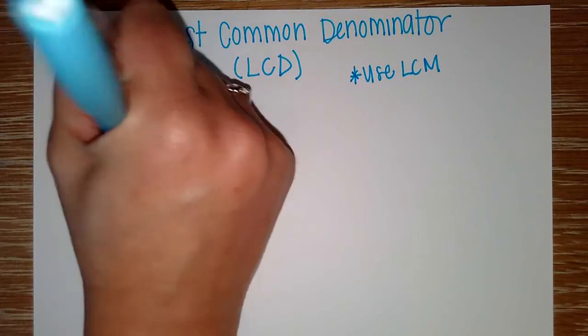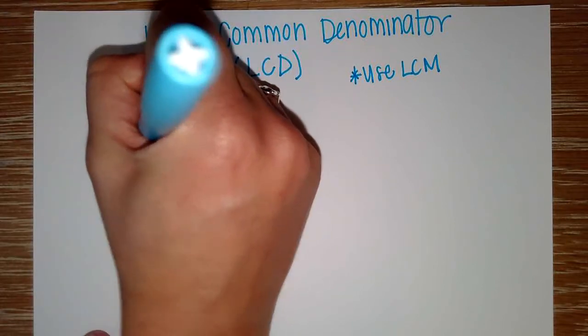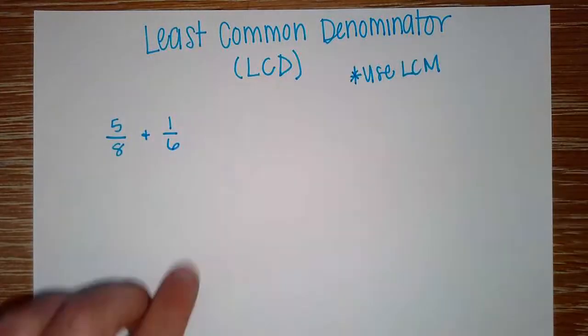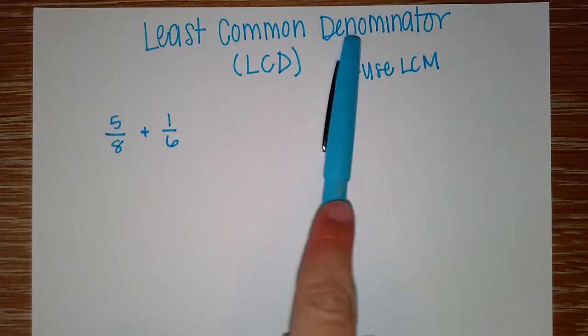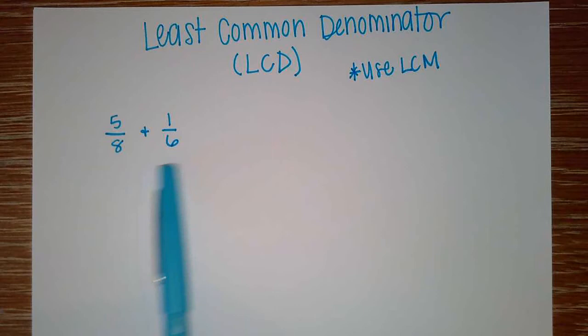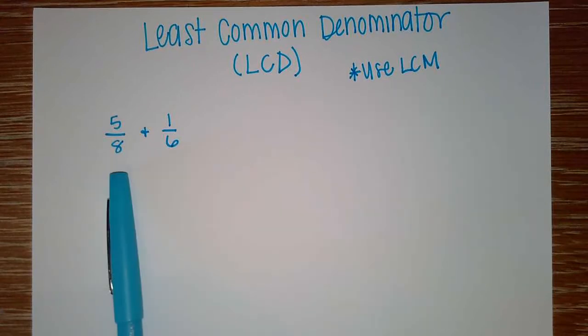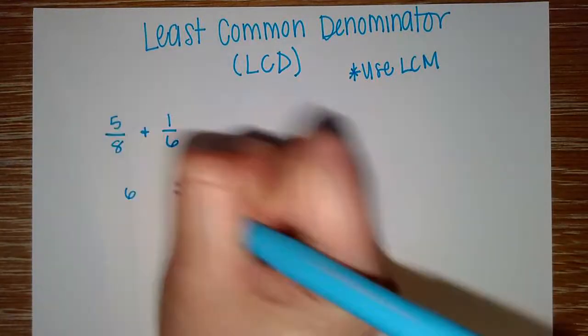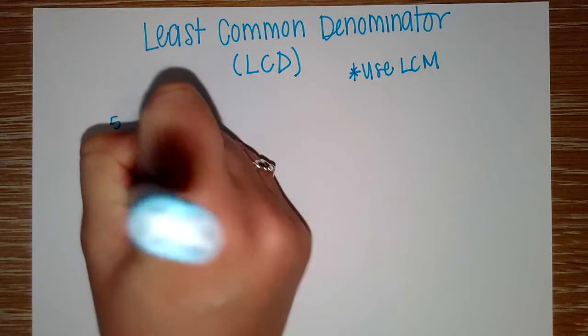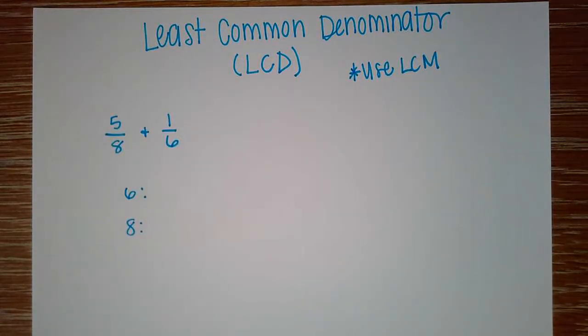So if I have the fractions 5/8 and 1/6, and I want to find the least common denominator, the lowest denominator that these both have in common, I would start by making my list. Okay, so I have 6 and 8. I make my list of multiples.